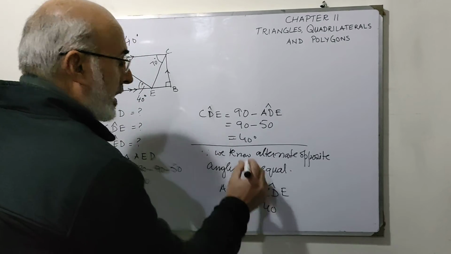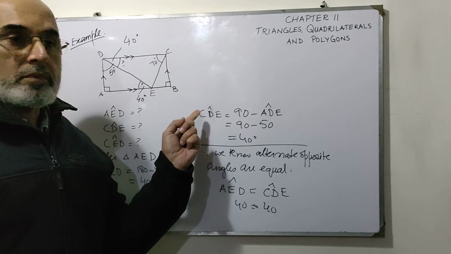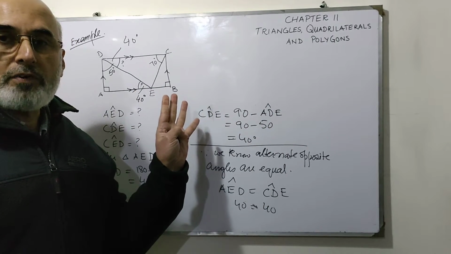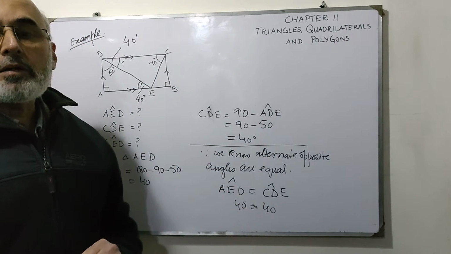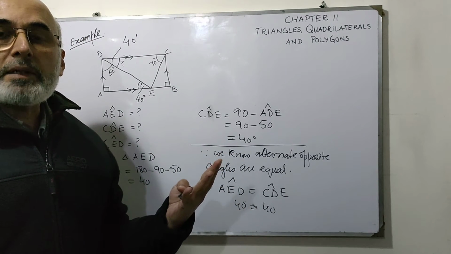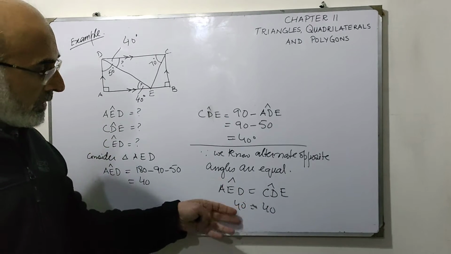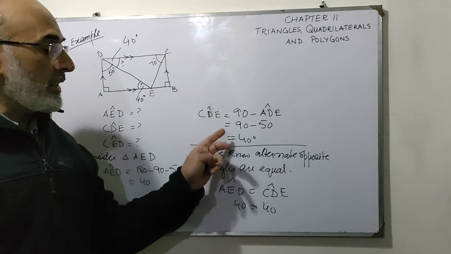We have calculated the CDE angle using a property of a quadrilateral as well, and we have calculated it using the property that when a transversal is intersecting two parallel lines. So this is a cross check. We have calculated angle CDE correctly.